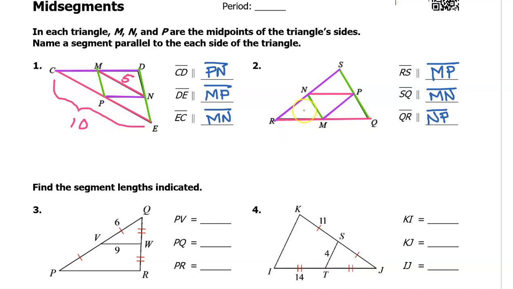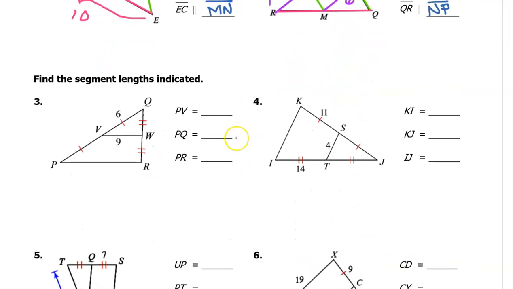Or what if I gave it to you in a different way? What if I told you that segment RS was 12, and then I wanted to know what the length of the midsegment was? Well, that would be 6. So just keep that in mind as we look at problem number 3.